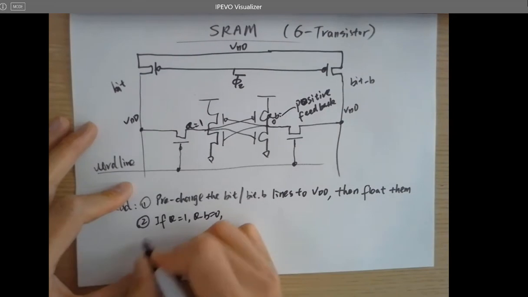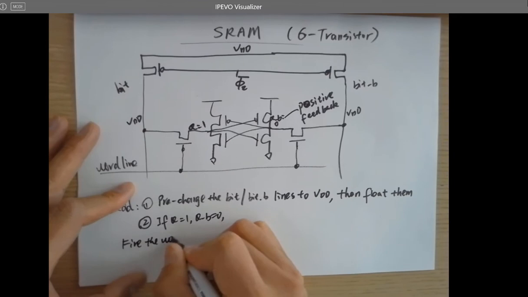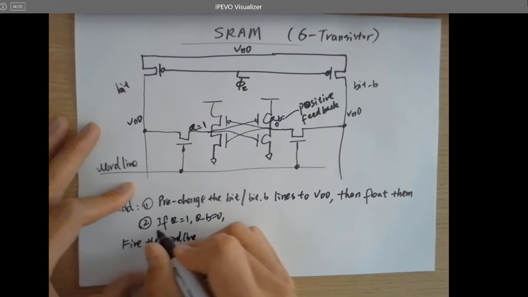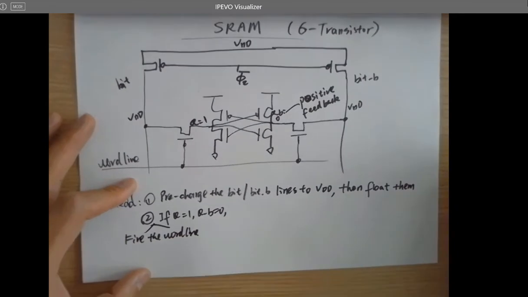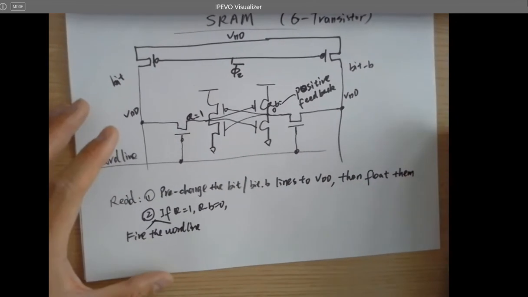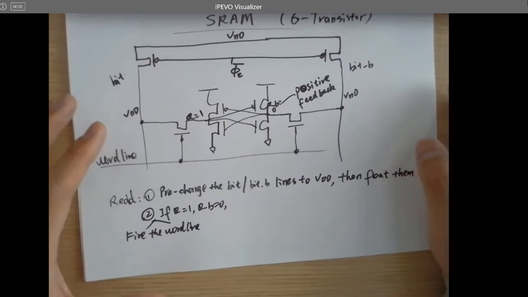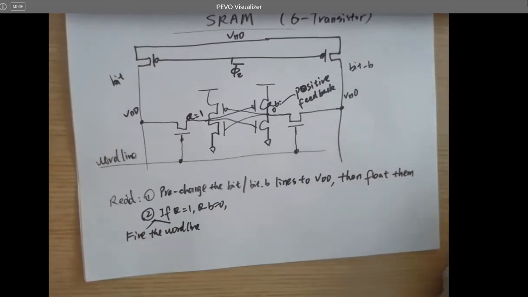Fire. So actually you want to fire the word line. Fire the word line means you just turn it on. It's another jargon in IC, we just say fire it.